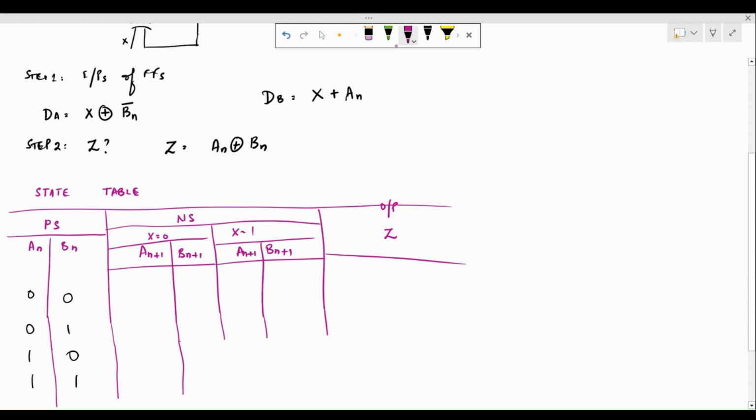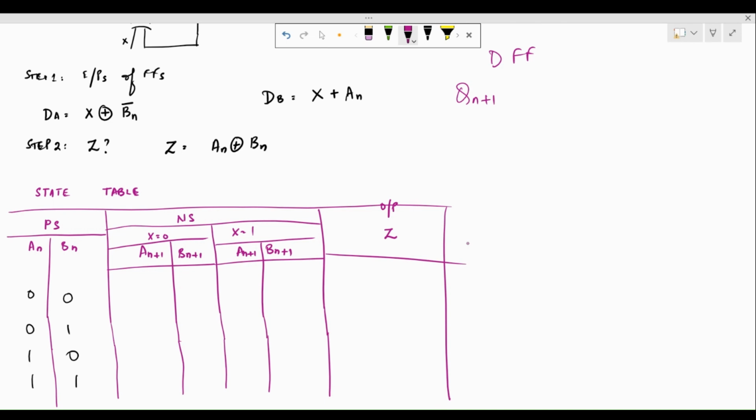Now we have to fill the rest of the columns with the help of the equations that we've just obtained. In order to do that, we need to know the expression for the next state, that is Qn plus 1 for the flip-flop. Here we are using a D flip-flop.